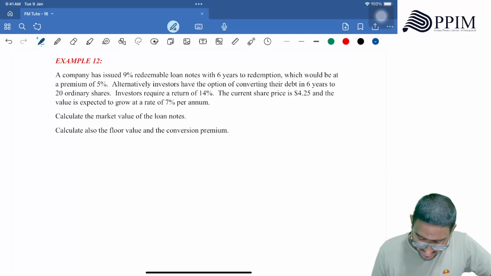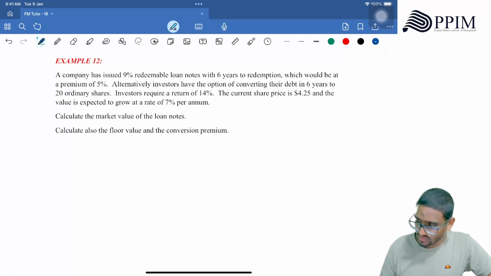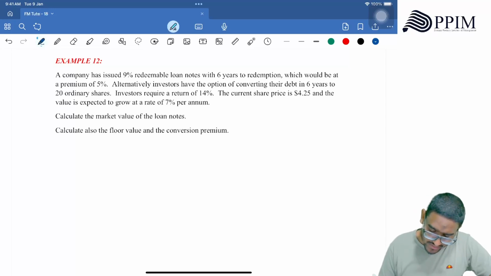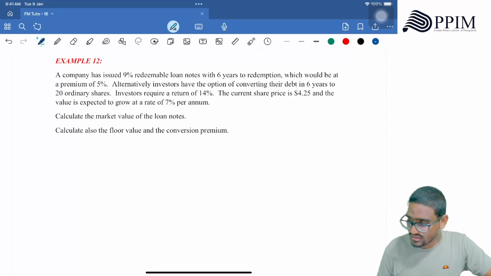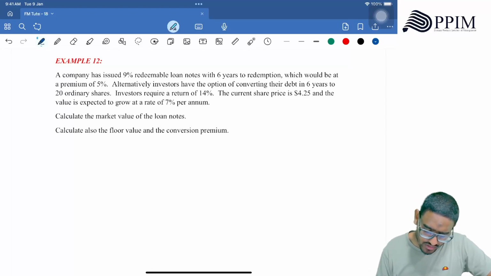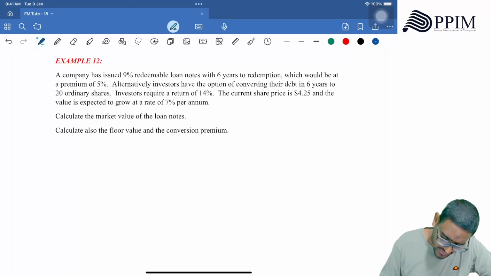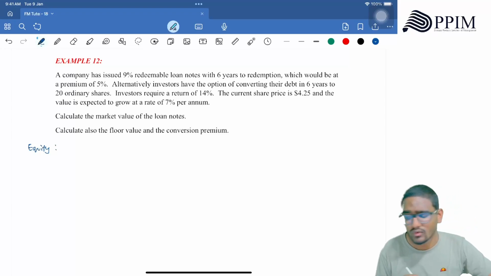Okay, let's do this here. Let's do the question. So they're asking you to calculate the market value of the loan note. So what is the market value of the loan note? First thing is figure out equity versus redemption. If I go for the equity option, what do I get?